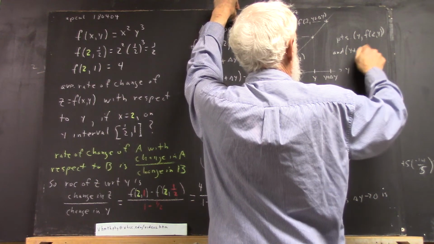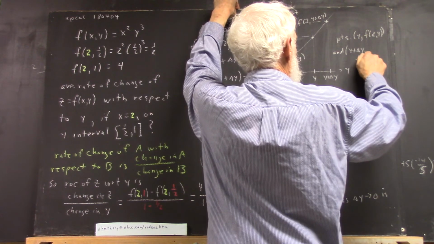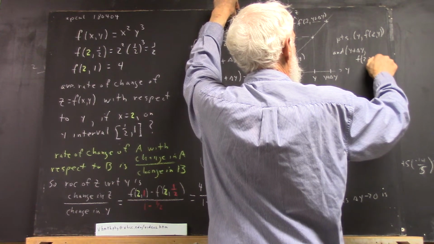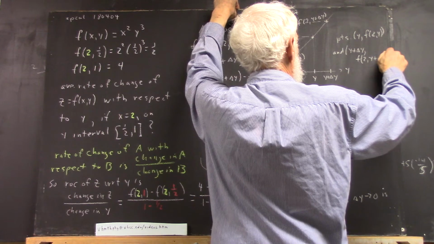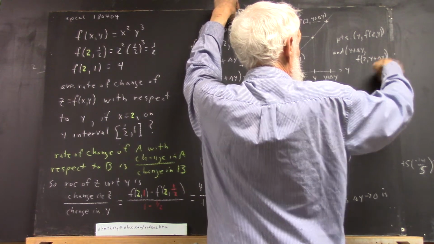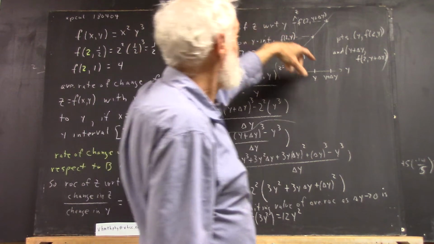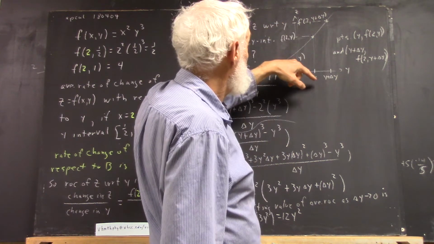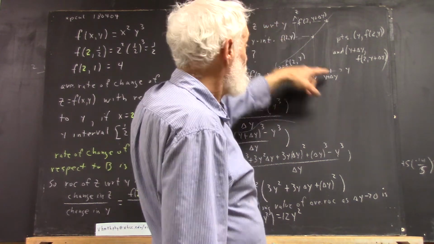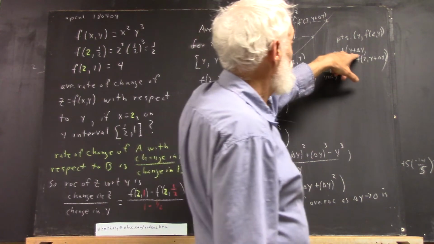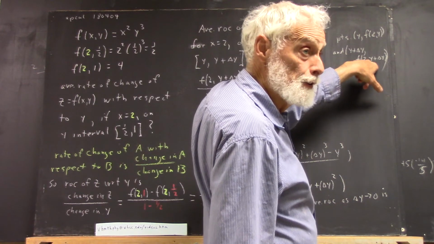Not leaving myself enough room. I have to cheat a little bit in order to write this out legibly. Okay? So this point has these coordinates, y, f of 2y. This point has coordinates y plus delta y, f of 2y plus delta y.